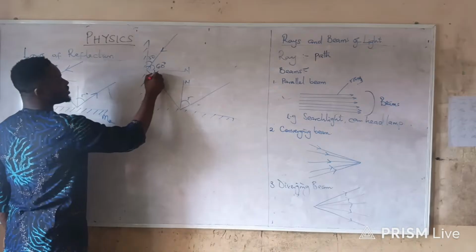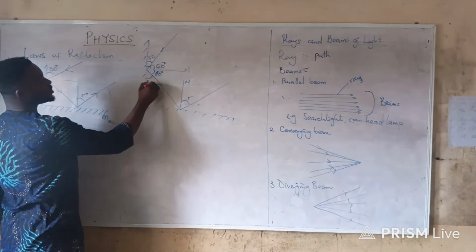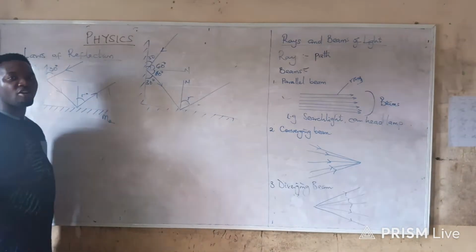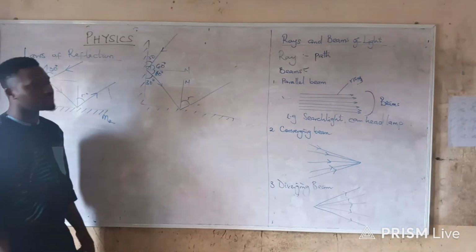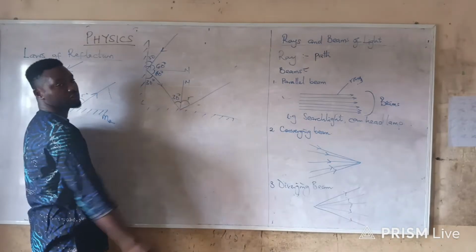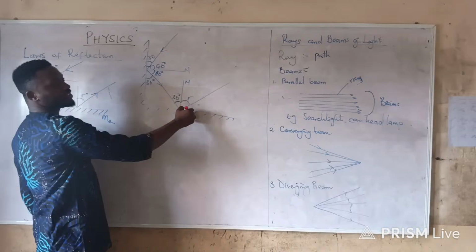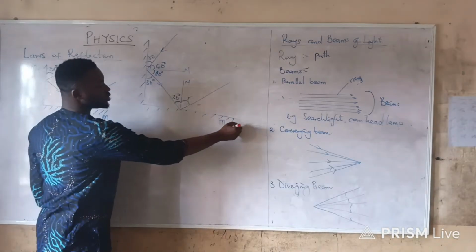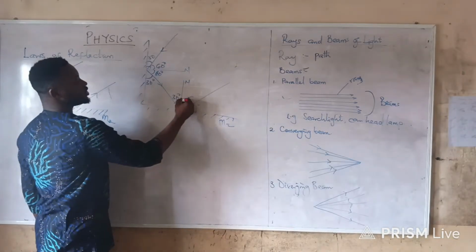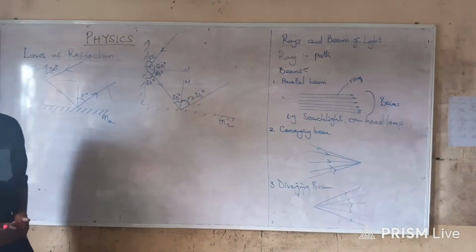So this is 60 also. If here is 60, this place is also going to be what? 30. Remember alternate angles in mathematics. The 30 that is here will also be 30 here. Then if here is 30, this is the incident on this mirror too. Then this R is going to also be what? 30 degrees. It is easy to know.